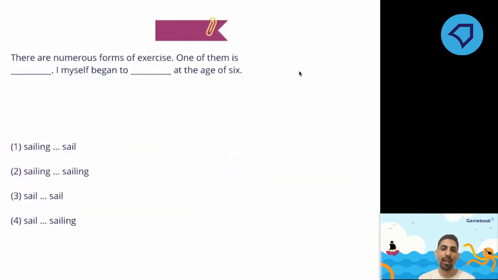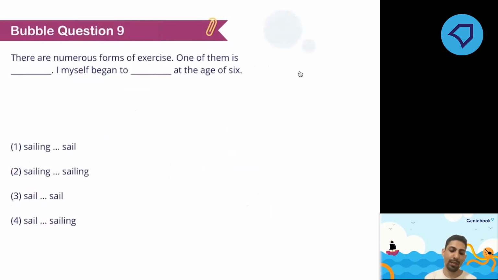Question 9, I want to define something first. Numerous means many. Forms means types. So there are many types of exercise. One of them is what? Ready, go. Let me give you a hint of exercise types.